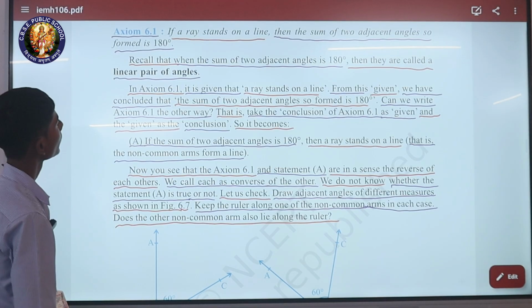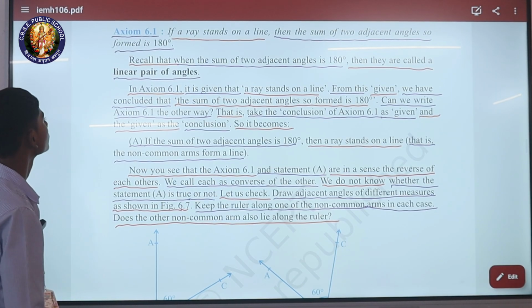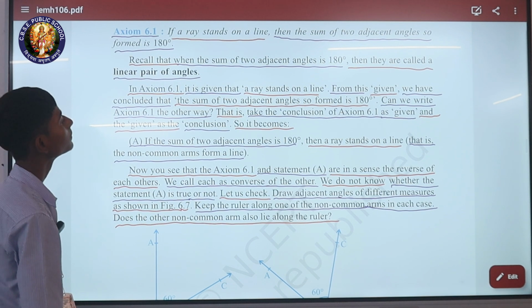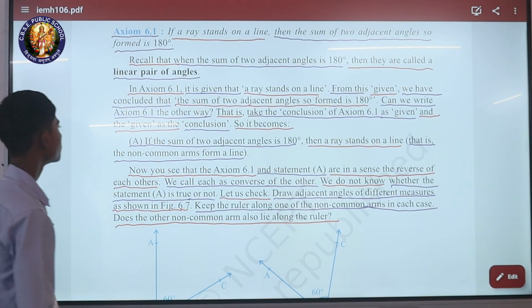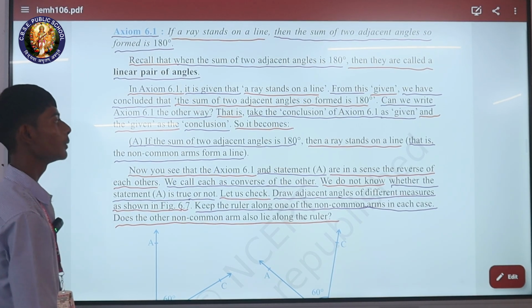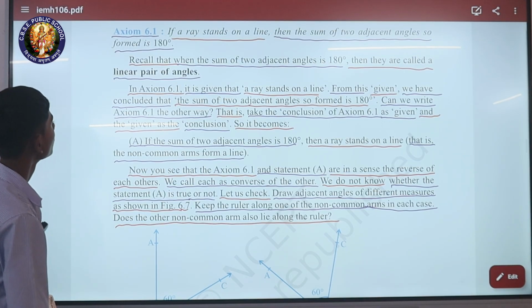Recall that when the sum of two adjacent angles is 180 degrees, then they are called a linear pair of angles. In Axiom 6.1, it is given that a ray stands on a line. From this given, we have concluded that the sum of two adjacent angles so formed is 180 degrees. Can we write Axiom 6.1 the other way?